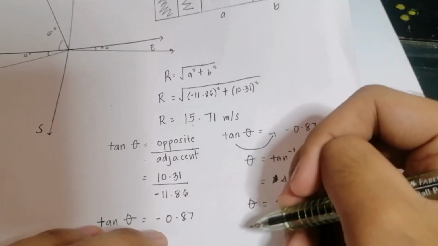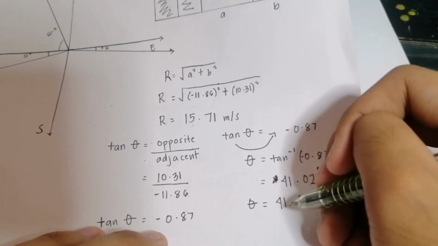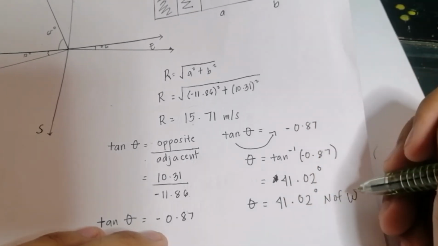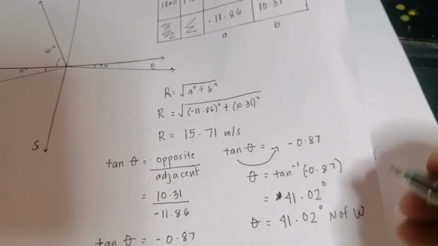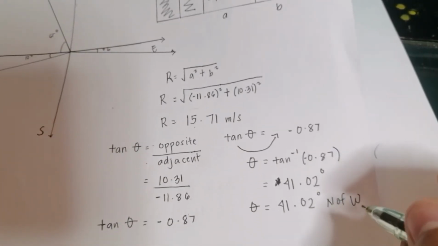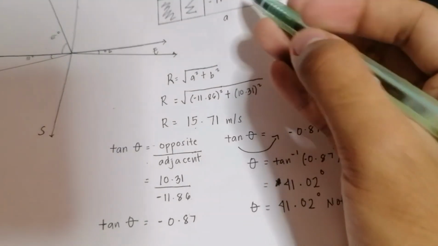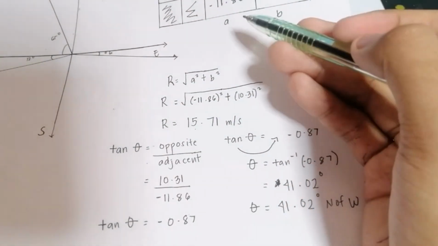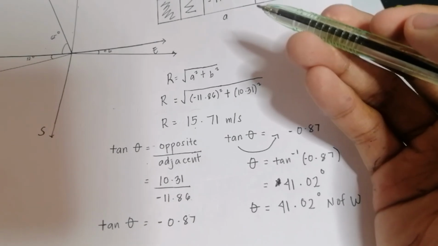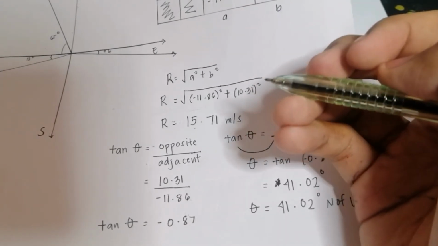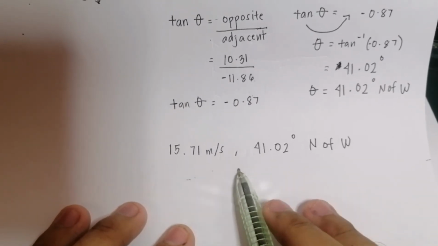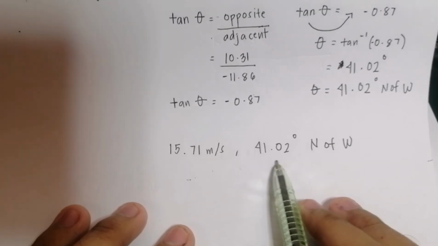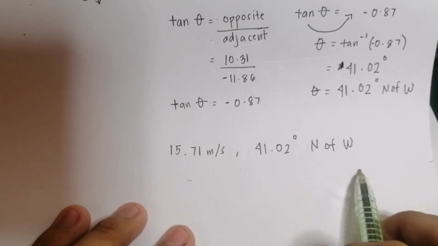The answer is theta equals 41.02 degrees north of west. It is north of west because the x component is negative while the y component is positive. So, the overall answer is 15.71 meters per second and 41.02 degrees north of west.